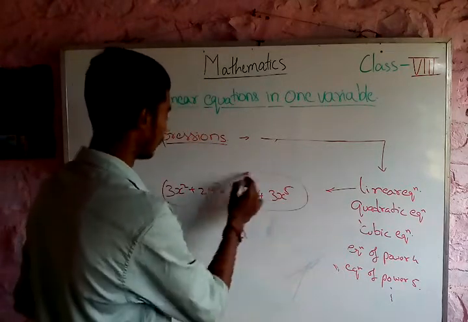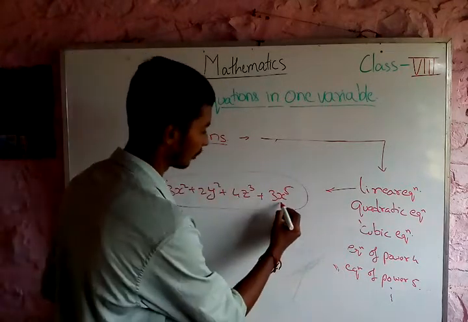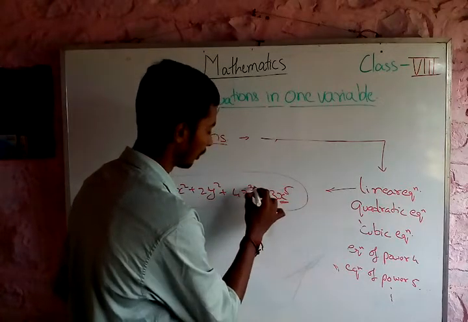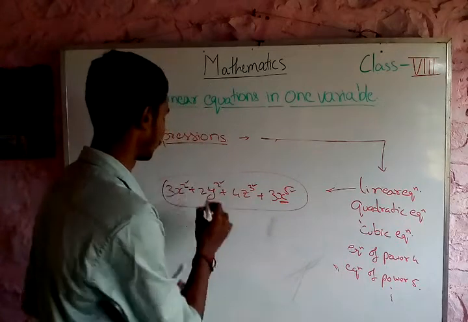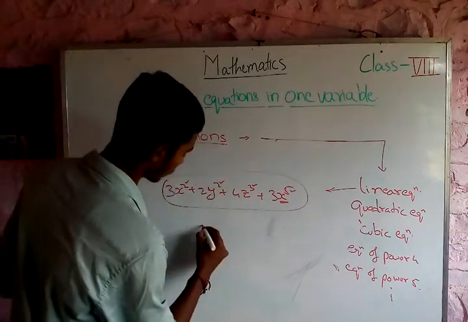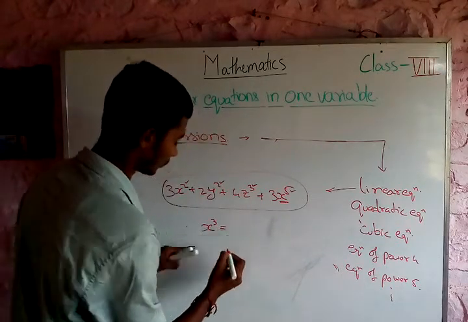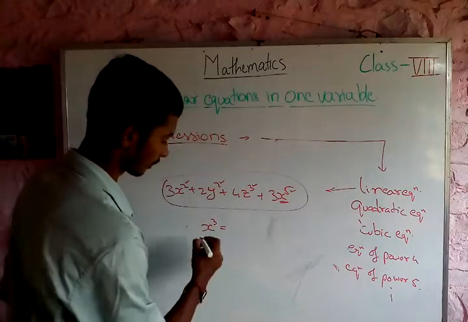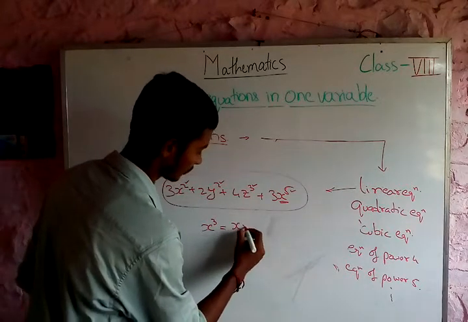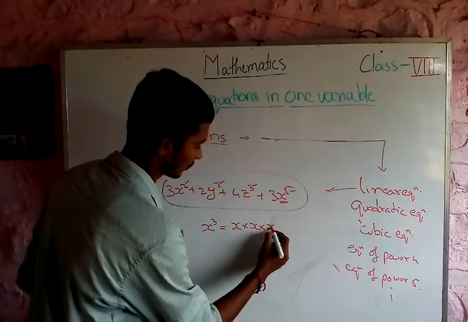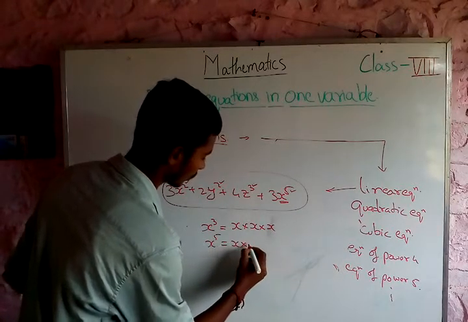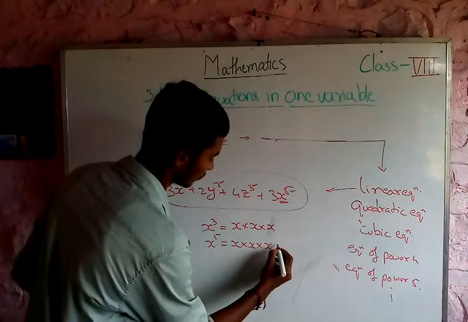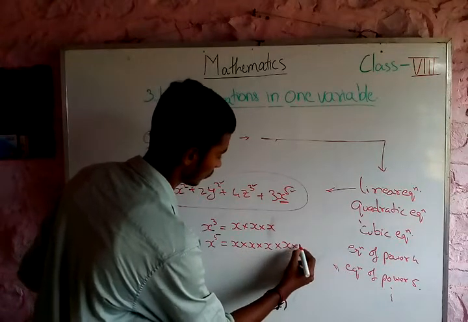Now see here, in this case these variables have power more than 1. What does x power 3 mean? X power 3 means x into x into x, and x power 5 means x into x into x into x into x.